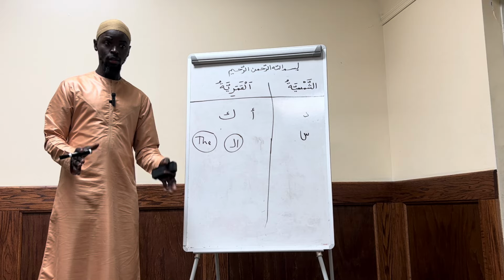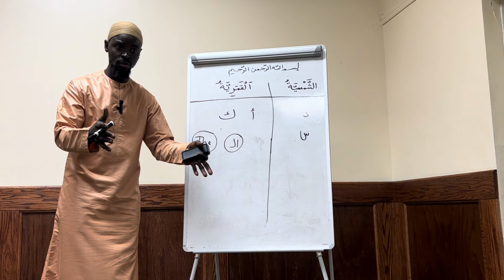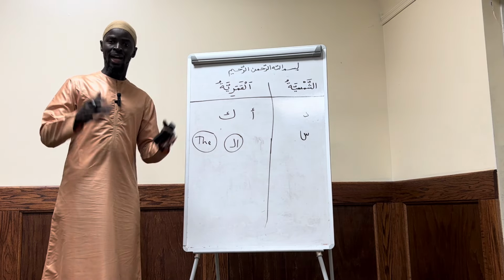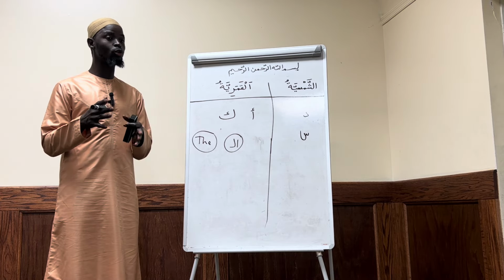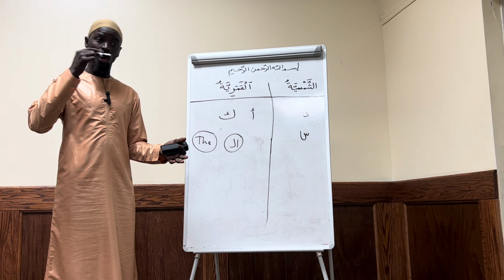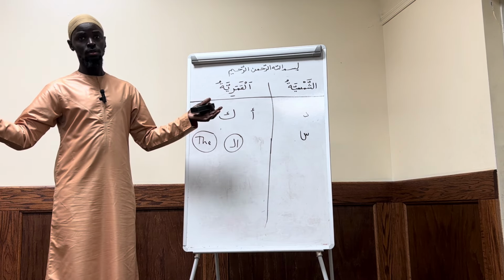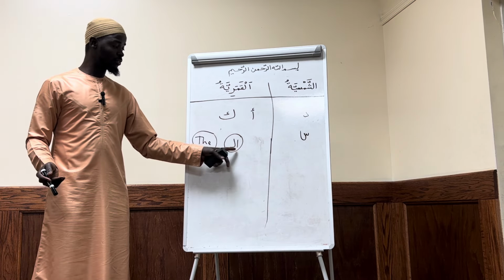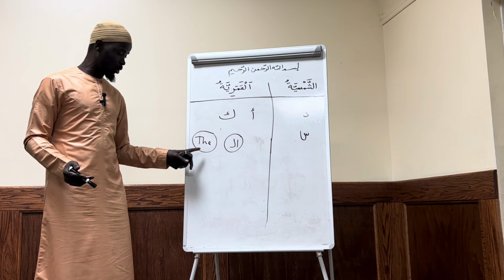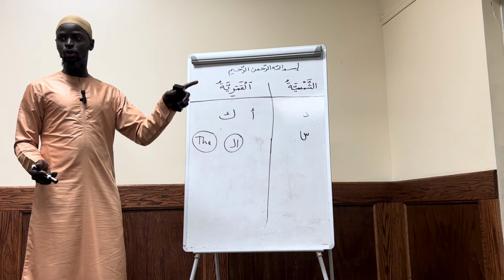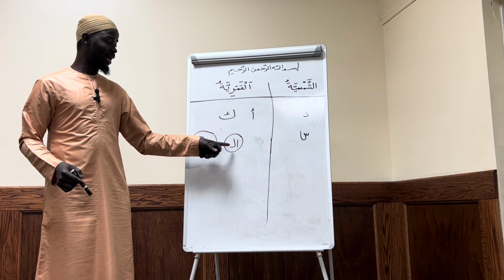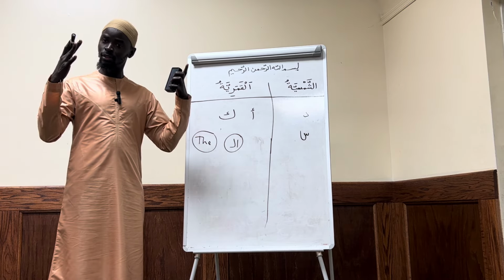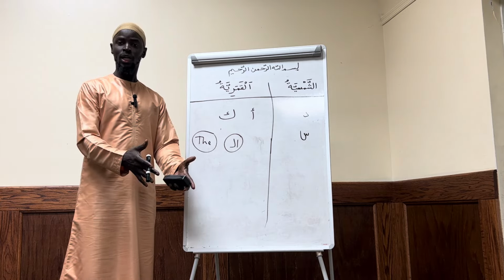You know who you are talking about. Let's say an example. Al-waladu, the boy. You cannot say "al-waladu boy." Waladun is boy, but the moment you add al, you have to say the boy. You know who you're talking about. That's why they call it al-ma'rifah, something that you know.